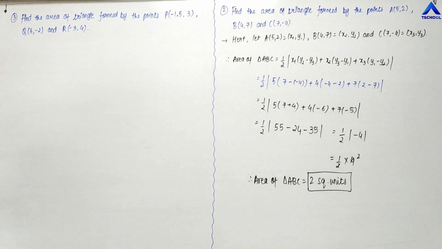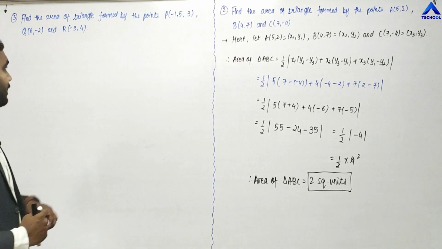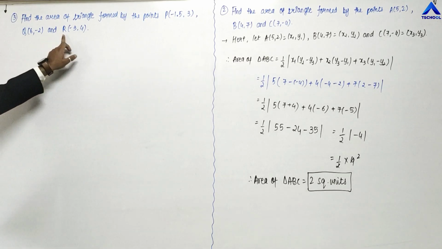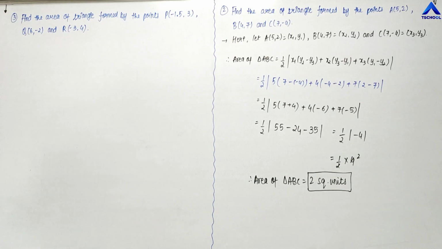Right? So these are the 3 points given to us: P (minus 1.5, 3), Q (6, minus 2), and R (minus 3, 4).